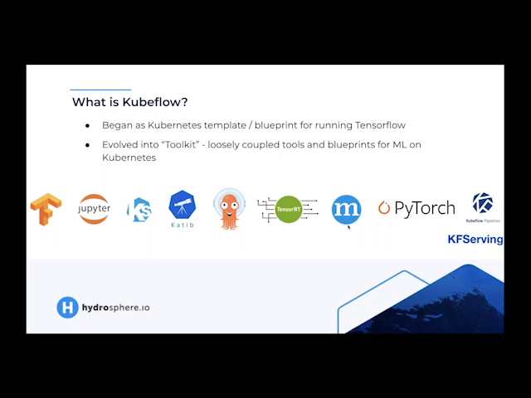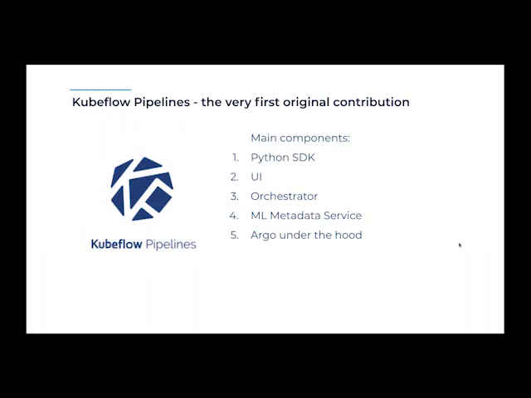And what is an original contribution of the Kubeflow team? I was wondering about that myself until Kubeflow Pipelines was released. So Kubeflow Pipelines is basically the very first original contribution of the Kubeflow team.